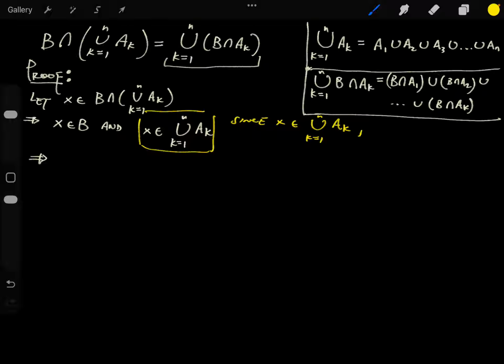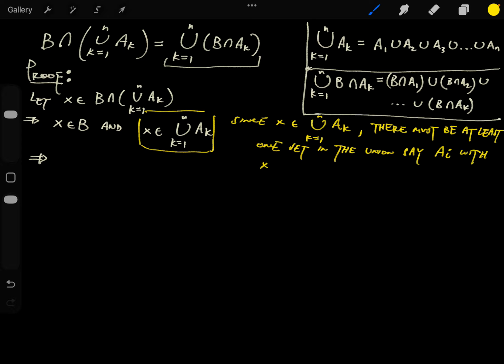there must be at least one set in the union, say A sub i, with x contained in A sub i.